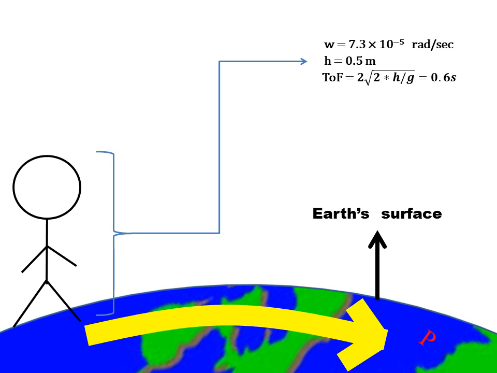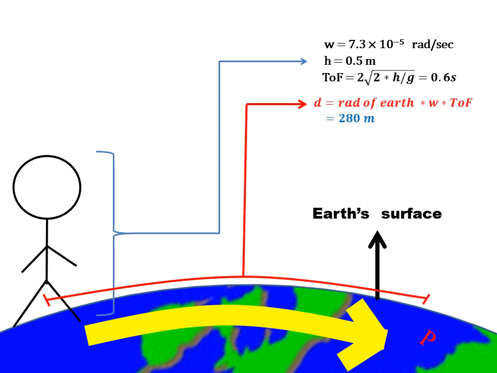Time of flight implies the time taken by this man to move up and come back to the surface of Earth. This is the duration for which he is not in contact with Earth's surface. During this time, the point P where he stood initially would have moved this much distance. This distance is given by the formula radius of Earth times omega times time of flight.